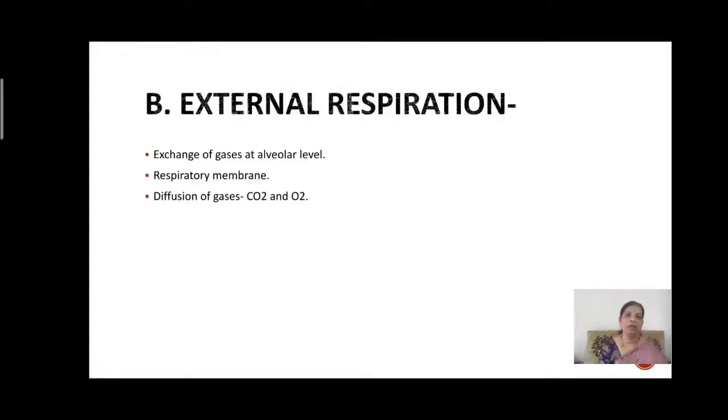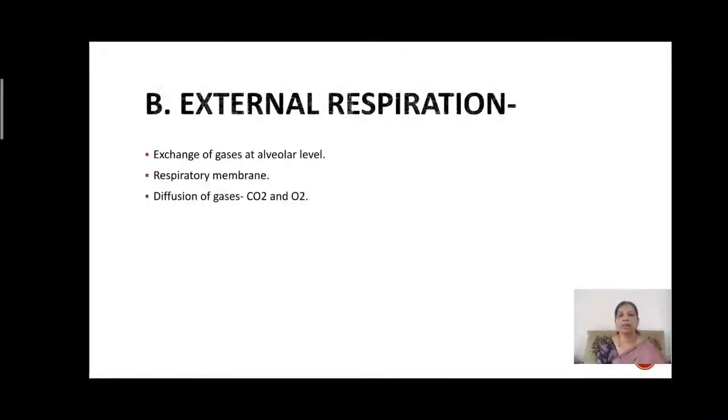So here also diffusion of gases takes place in the alveolus according to the pressure. That means gases flow from high partial pressure to low partial pressure.